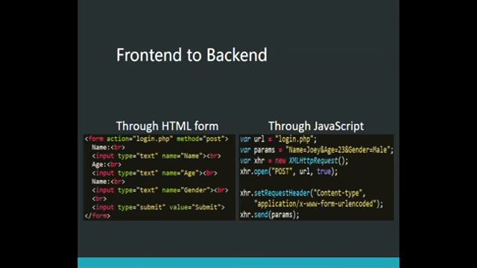Note here I'm using POST because I'm handling user login. Although I don't have passwords here, in real cases you might have passwords, and you don't want to show passwords in the URL of your browser, right? So that's why you use a POST request. But when you're doing search or other things, you can use GET.